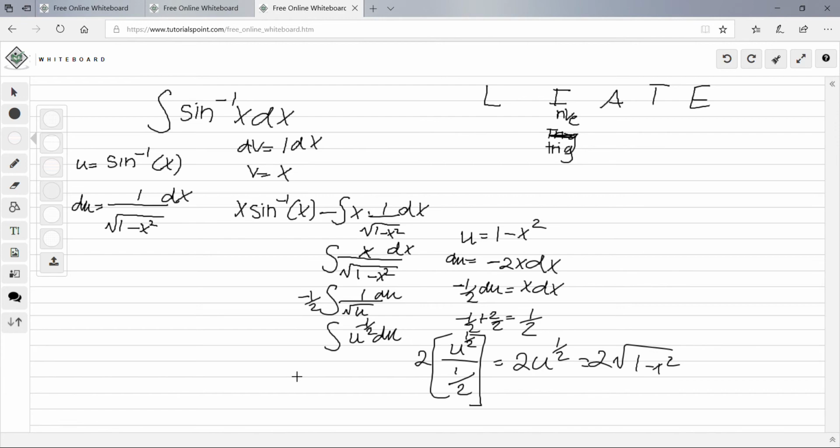So there's going to be two negatives, remember this negative and then this negative, so negative 1/2 bracket of 2 times the square root of 1 minus x squared plus c, and then don't forget this part, x sine inverse of x.